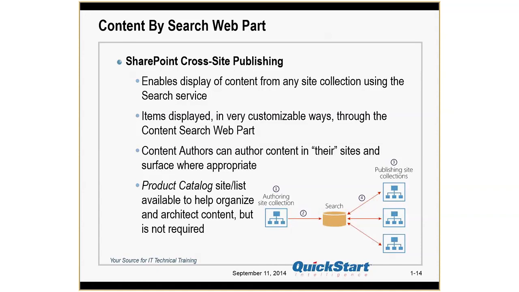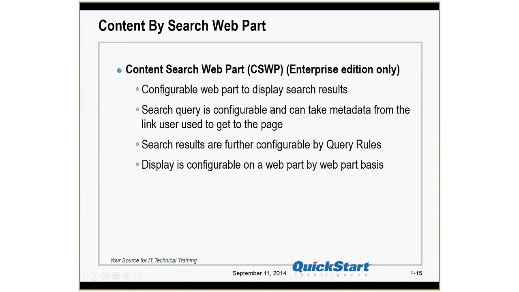It may even be one page using the content by search web part, where based on the link the user clicked on, say a particular department, they'll see all the job listings for that department. Look at another department, the content changes, because this web part that's displaying those job listings is getting those from search, and this search query can take metadata from the link or the page the user's on.